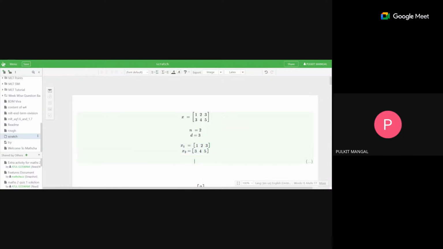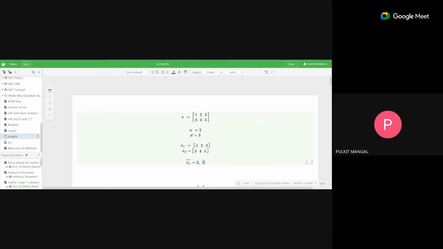Now, if you are going to do the layer normalization, you first have to find the mean across the features. The mean for x1 would be 1 plus 2 plus 3 divided by 3, so 6 by 3, that is 2.